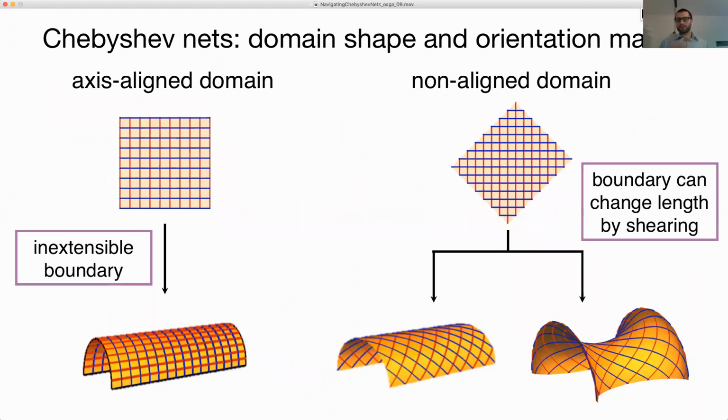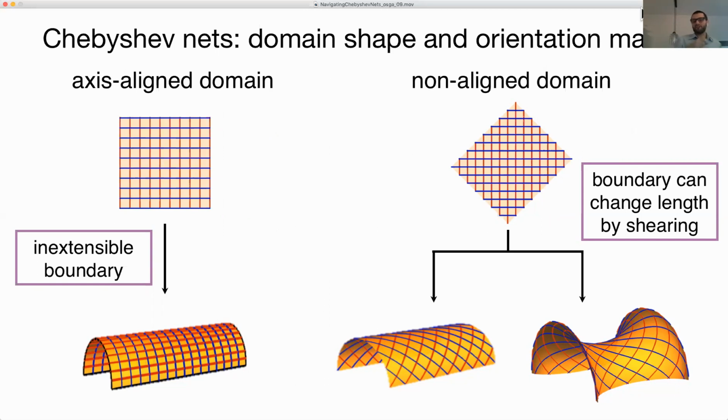So it's a very important thing to understand that for a Chebyshev net, the domain with which you actually take your mapping can have a very important impact on the shapes that you can place this Chebyshev net on. So for example, if I take just a rectangular patch, then the boundary of that rectangular patch, if it's aligned with the inextensibility directions, then I don't have very much freedom because my boundary is itself inextensible.